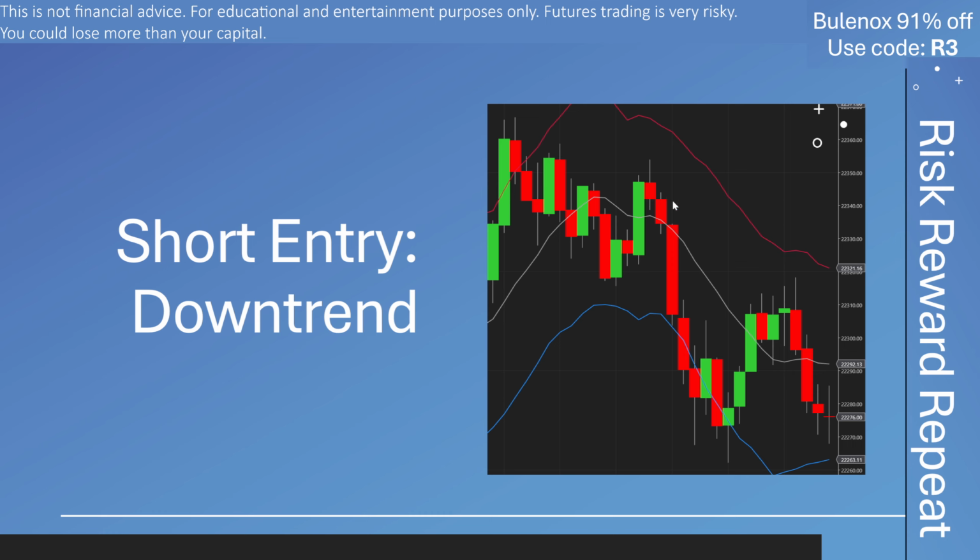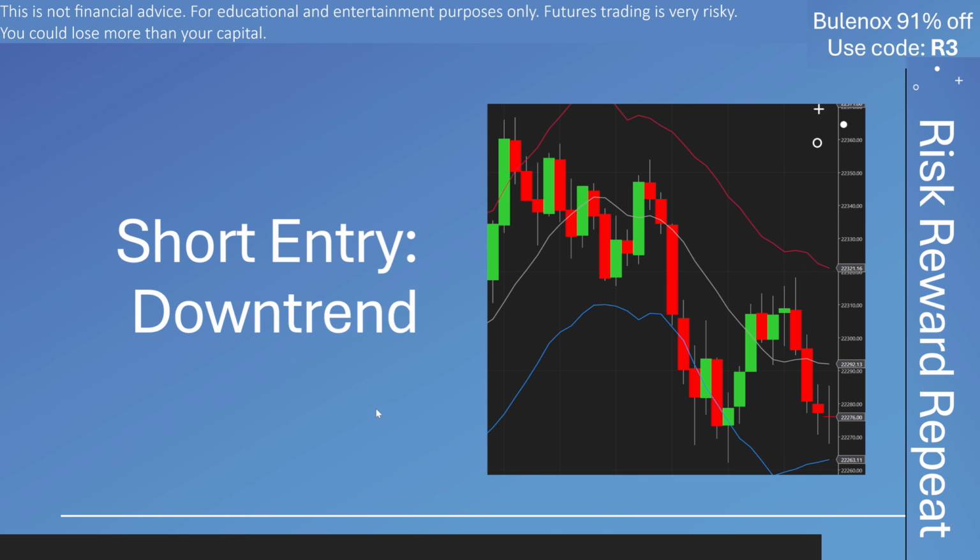So we go short right here, about 342, 343, and we can easily get 5 points. Or set the midline as a target, or the blue line. Easily, all of those targets would be hit.